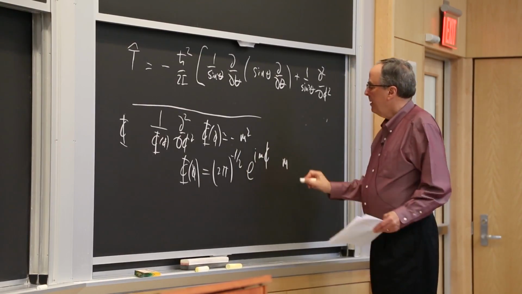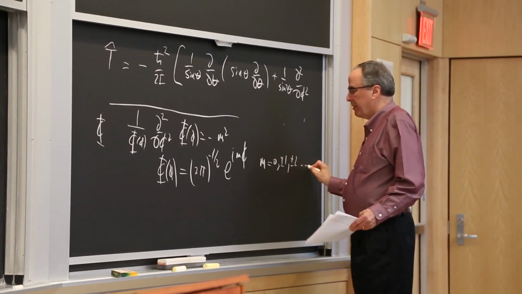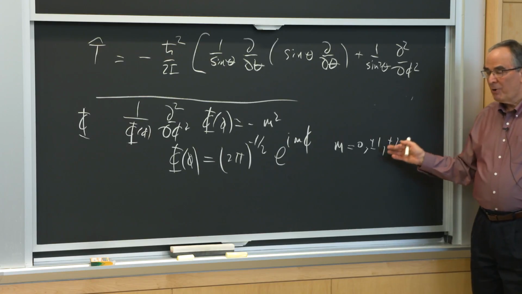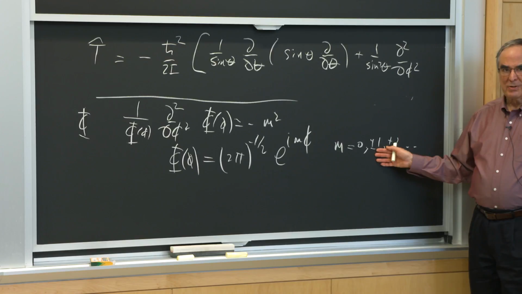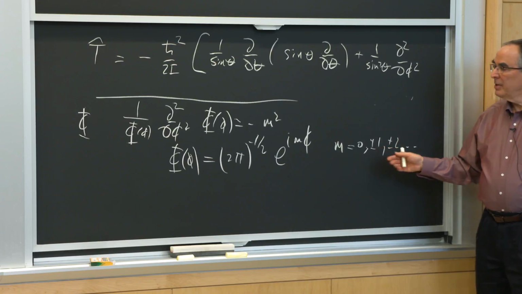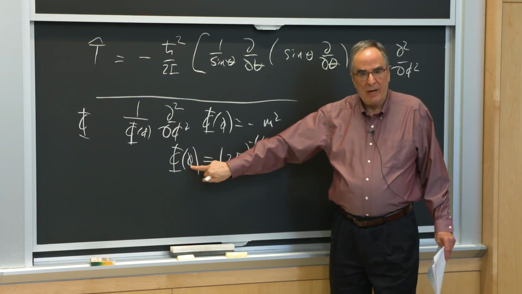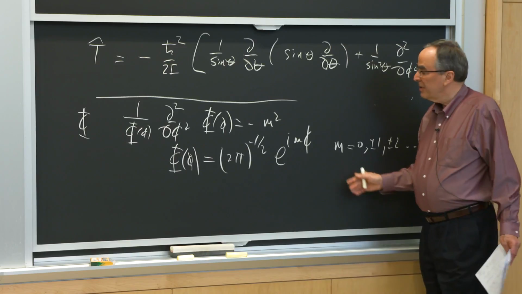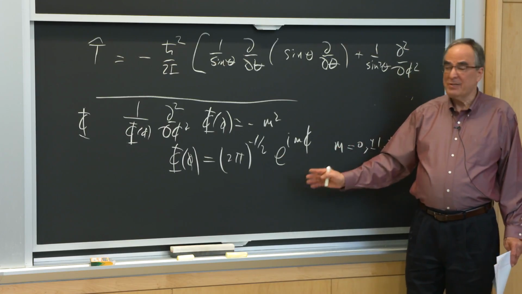And m is equal to 0, plus or minus 1, plus or minus 2, etc. Quantization comes from imposition of what we call periodic boundary conditions. The wave function has to be the same for phi and phi plus 2 pi and phi plus 4 pi, and so that gives us quantization. So this is the phi part. That's simple. It's wonderful.